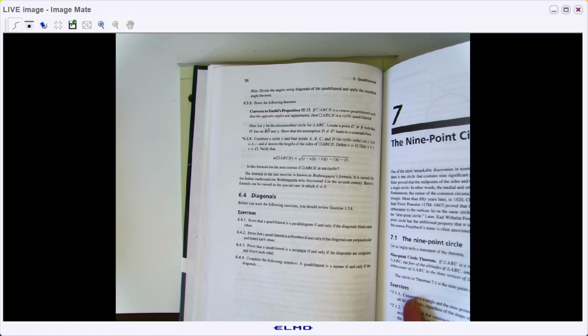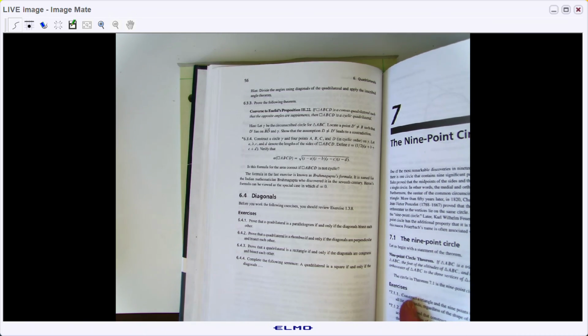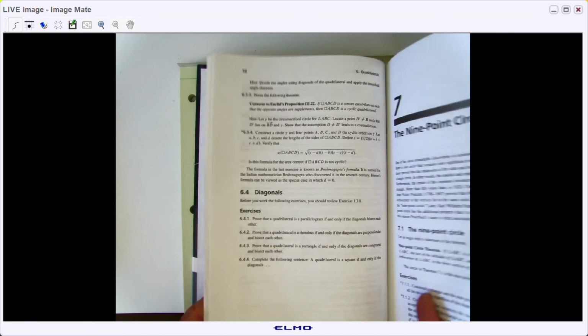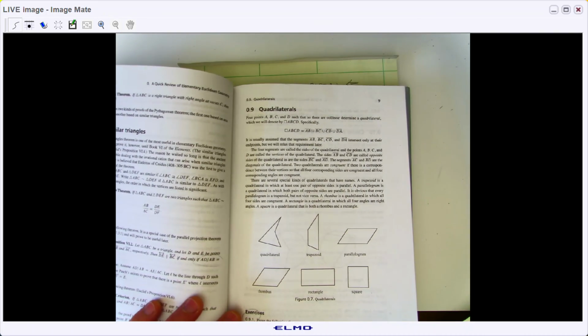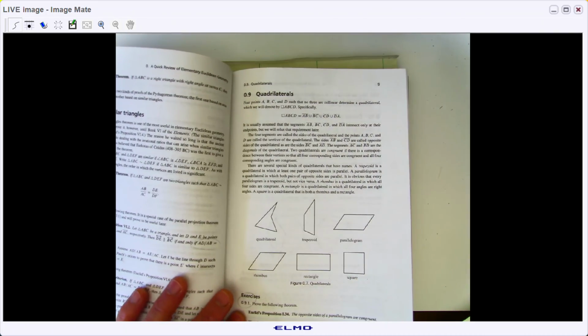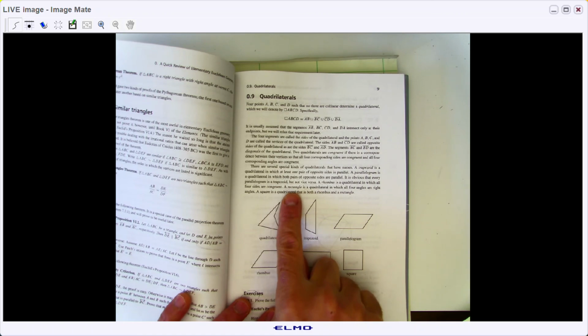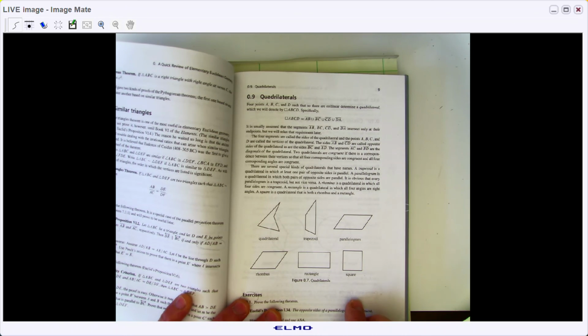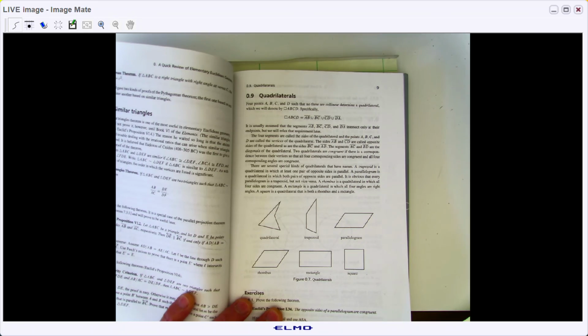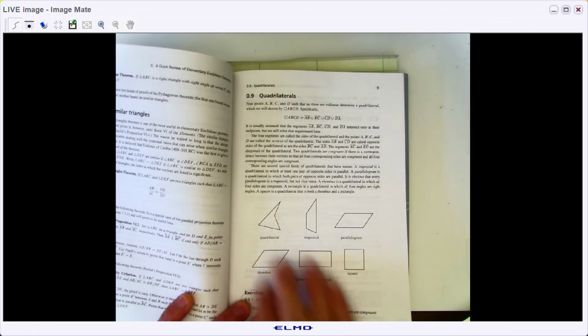I had to look it up really quick just because I couldn't remember off the top of my head. If you go back to page 9, that's where these are defined. A rectangle is defined as a quadrilateral in which all four angles are right angles. So if you need the definitions, they are on page 9.